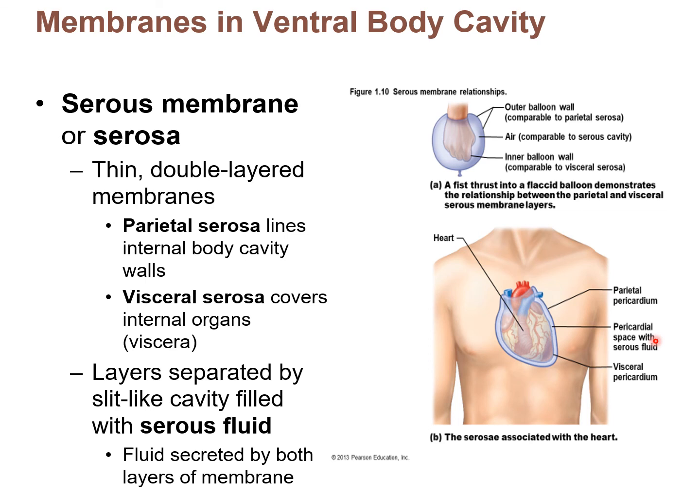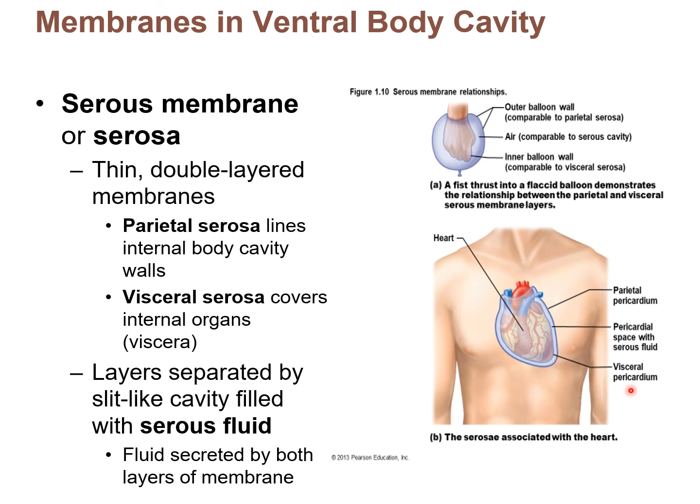Now, how can I tell that this serous membrane is surrounding my heart and not my lungs? The terms parietal and visceral never change. It's what comes after those two terms that will determine which organ we are talking about. If I say pericardium, then I'm talking about the heart.